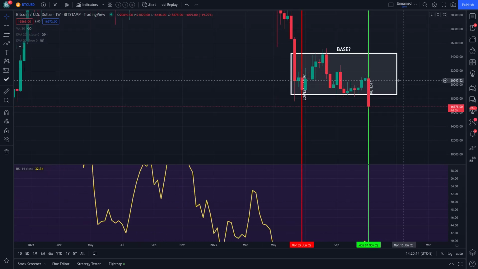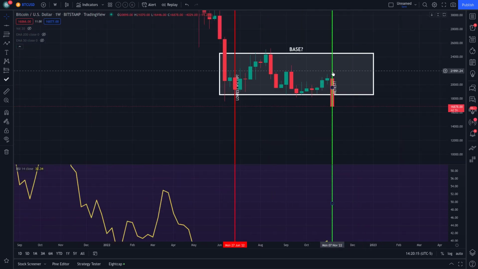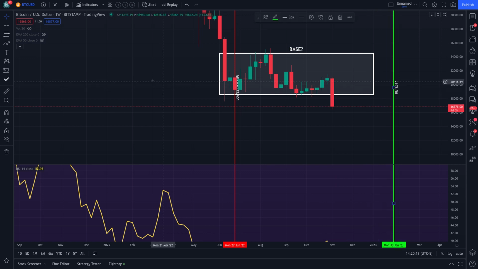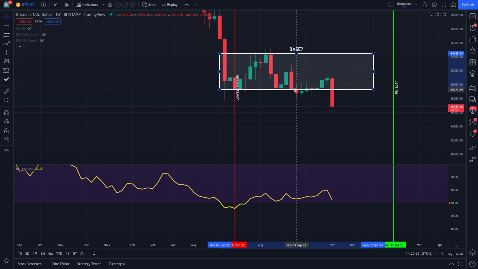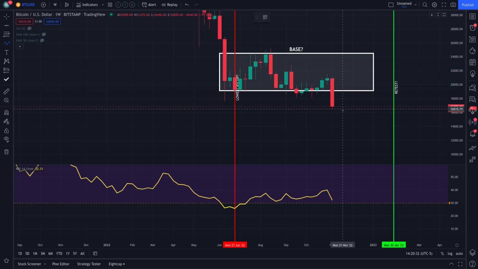What you're going to notice is the weekly will likely close above this level right here. I can't say this level. It's more like this lowest point candle's body here. So it'd be something like here. So again, I'm not saying this is going to happen, guys.